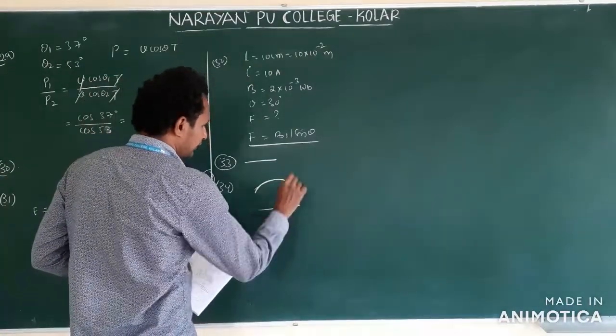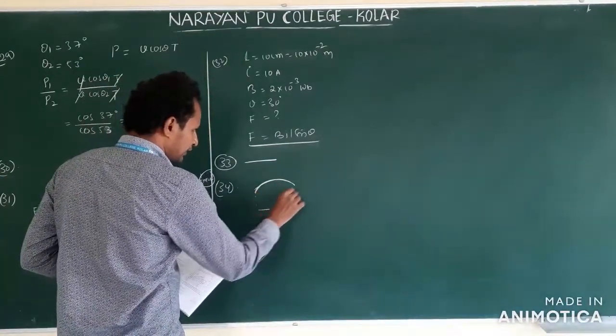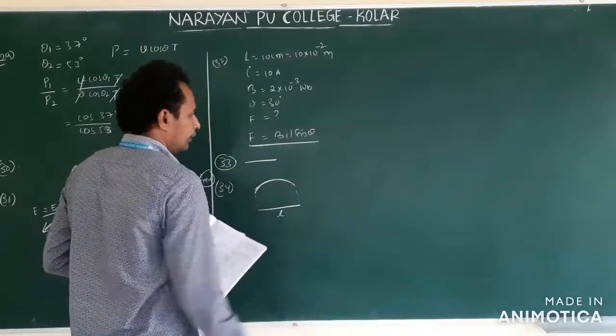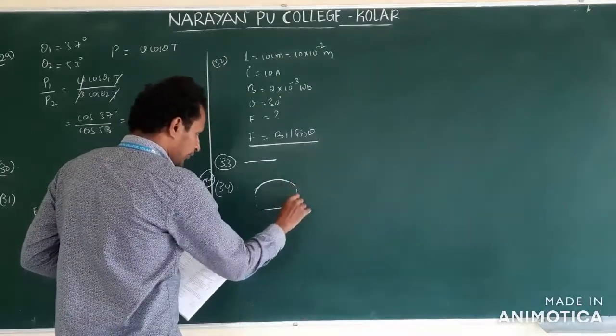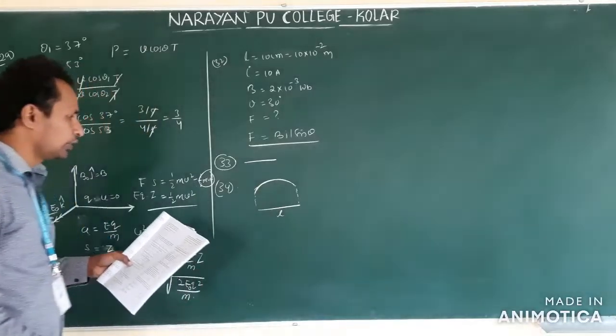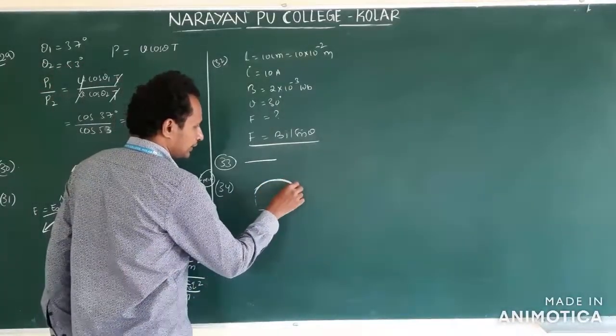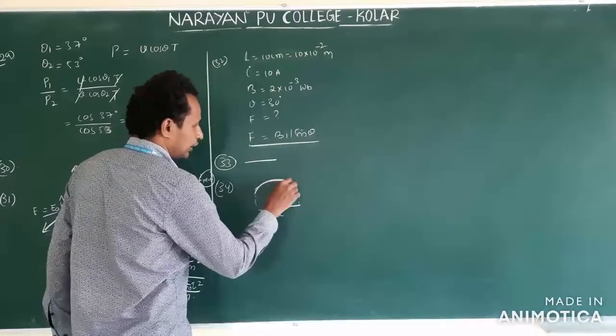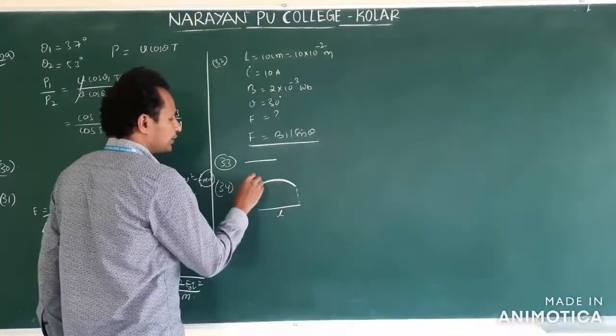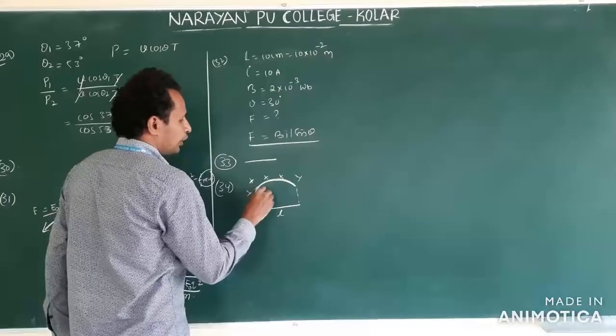This wire length is L. Again, both ends are coinciding, which means they are at the same level. Well, I already said, when a curved or bent conductor is placed in a uniform magnetic field, what do we consider?